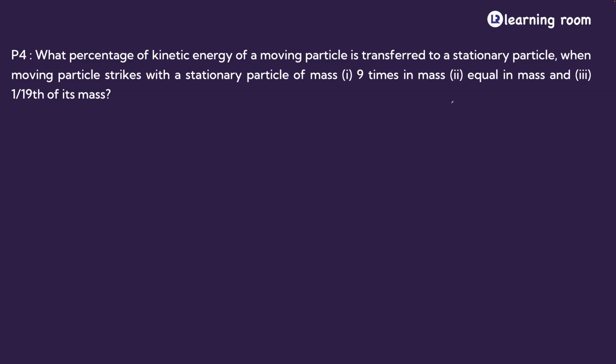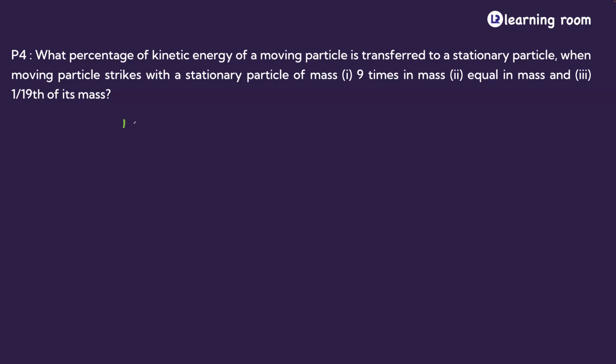So calculate the value of V1 and V2 and tell me the first case. You know the formula, just substitute. What is the value of V1 and V2? V1 is minus 4 by 3 U1 in the first case.